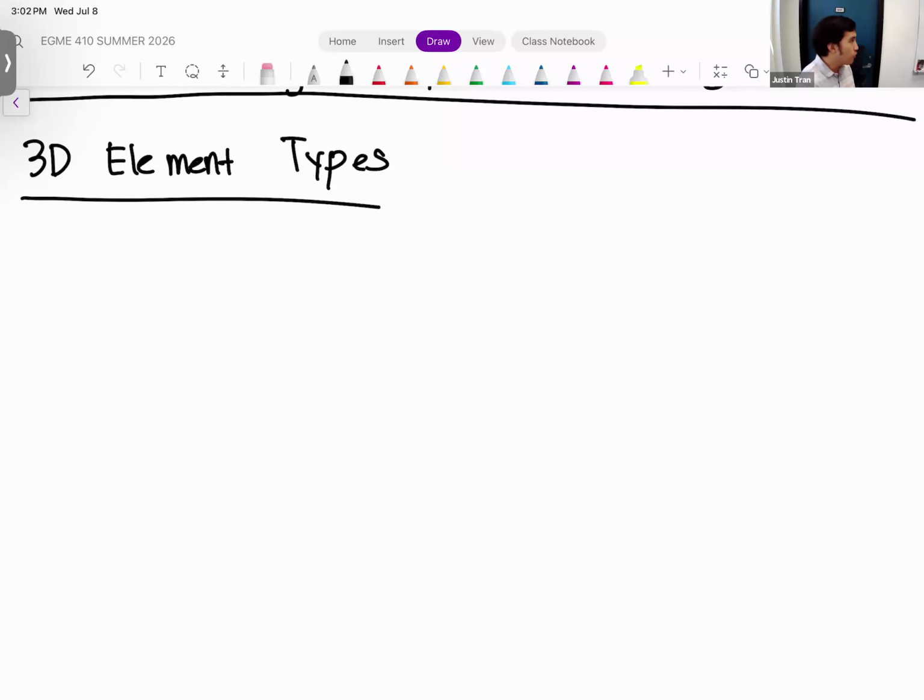Okay, so today we're going to go over the 3D element types. This is going to be relevant for every other ANSYS activity and project that you're going to do for the rest of the session, because everything we're going to do is in 3D. But like I just mentioned, basically every single element type that we covered in 2D has an analog in 3D, which has basically the same properties.